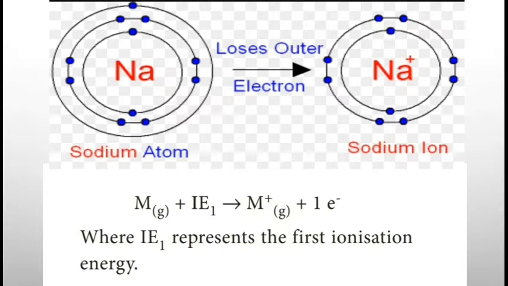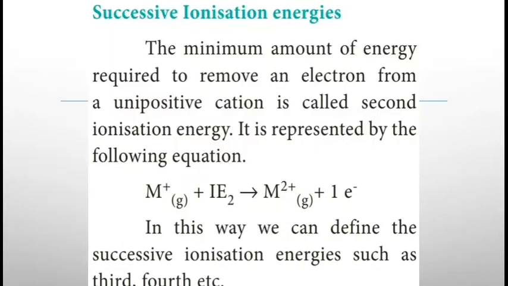Suppose you remove the second electron, it is IE2, for the third electron it is IE3, IE4 and so on. Okay, the successive ionization energies follow an increasing pattern.